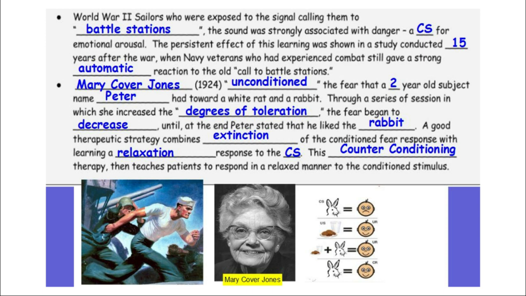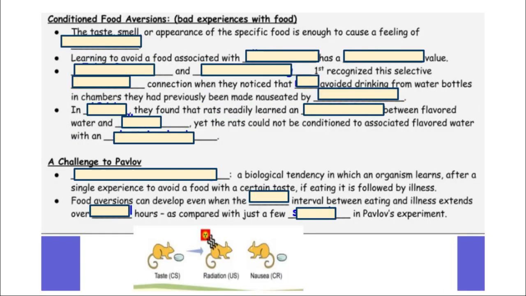We pair the rabbit or the rat with the presentation of the cookies and milk, and over time, the unconditioned response is going to be happiness. And then eventually we'd leave the cookies out and just present the rat or the rabbit, and the conditioned response is obviously Peter is not bothered by it.